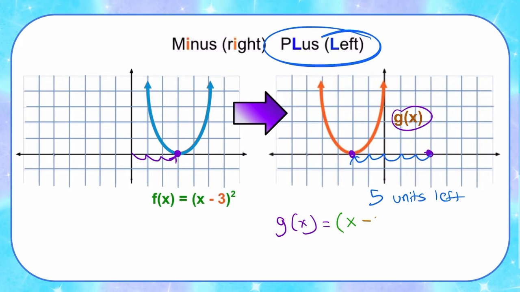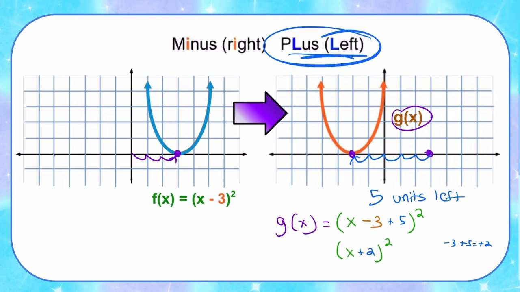I had minus 3, and it was squared, but because I went 5 units left, I'm going to do plus 5. I can combine the negative 3 and the positive 5, and this can be simplified to, I'm just going to carry down my original, negative 3 plus 5 is going to equal positive 2.